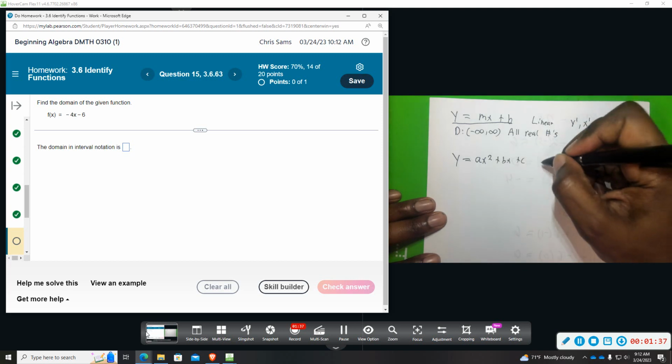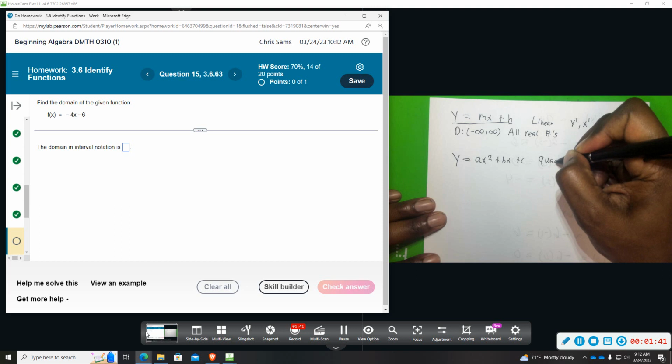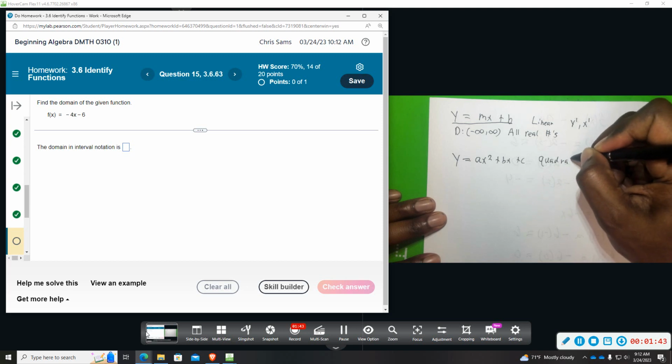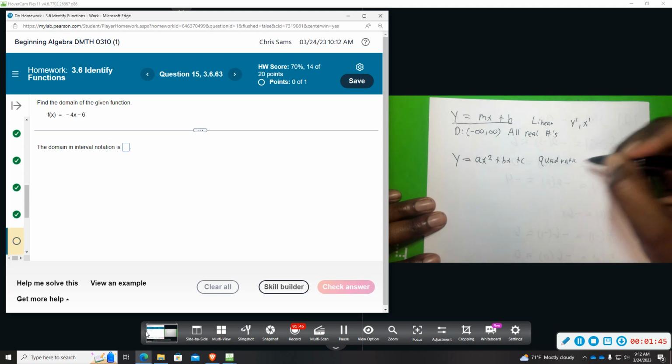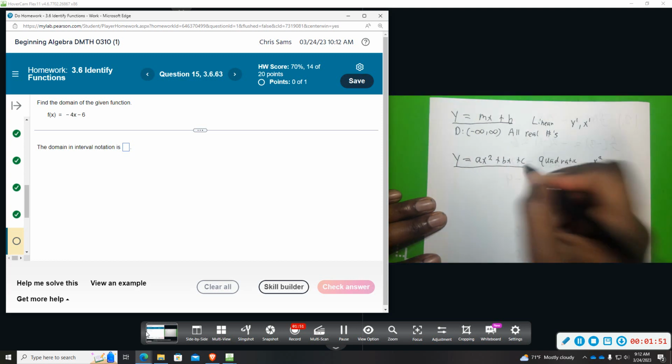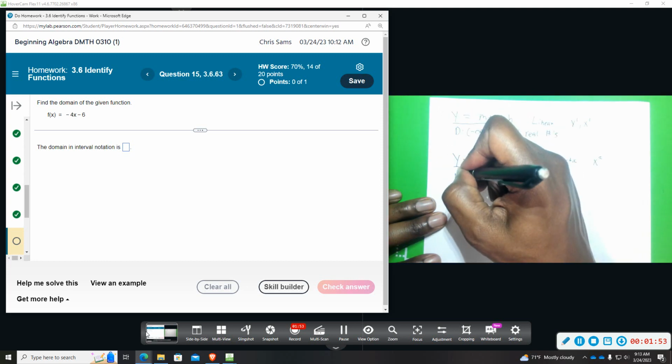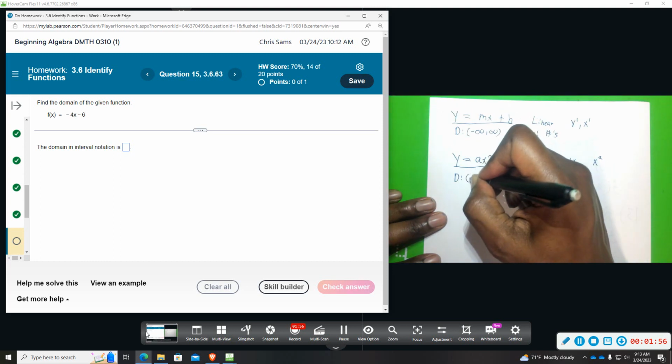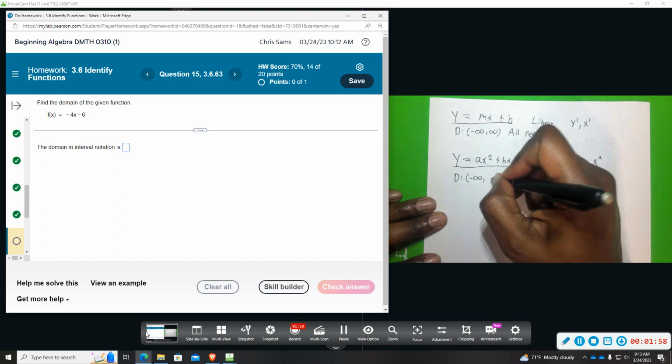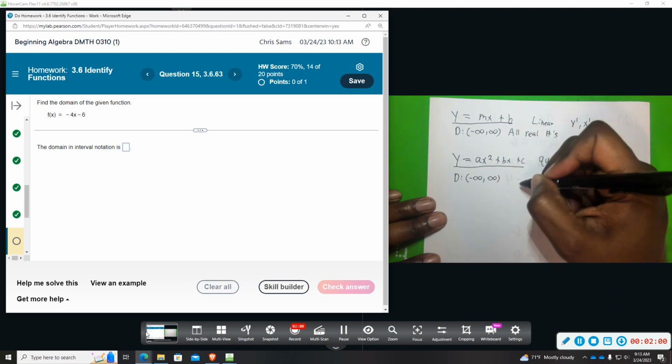Whenever you see that, this is a quadratic. You'll know that because the largest exponent on the x will be x to the second power. And again, the domain will be negative infinity to positive infinity, or all real numbers.